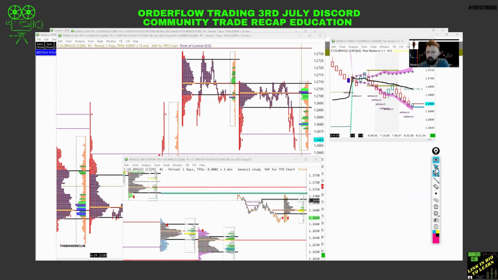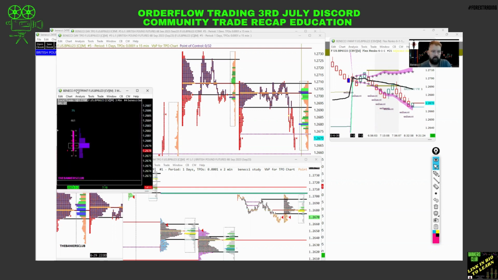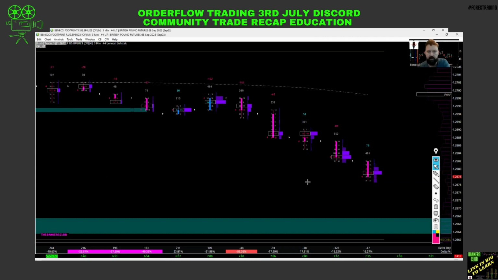We also had on the footprint chart, let me just find, give me 2 seconds while I scroll across and get back to the Frankfurt open. Oh, okay, there we are, I think. Footprint chart, Frankfurt open, you can see it's a 3-minute chart.